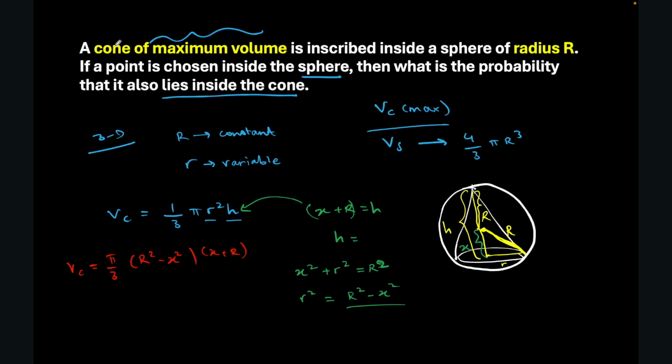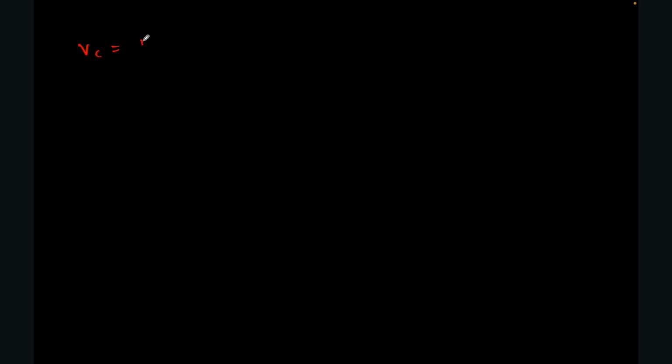Let me write this new expression that I have: volume of cone is π/3 (R² − x²)(x + R). Now I'm going to find the derivative with respect to x. So dV_C/dx, using the product rule here.